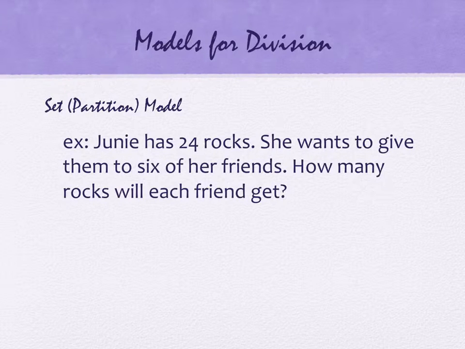Junie has 24 rocks. She wants to give them to 6 of her friends. How many rocks will each one get? Okay? So we've got 24 rocks, and we've drawn rocks before. So let's draw 24 rocks, okay?